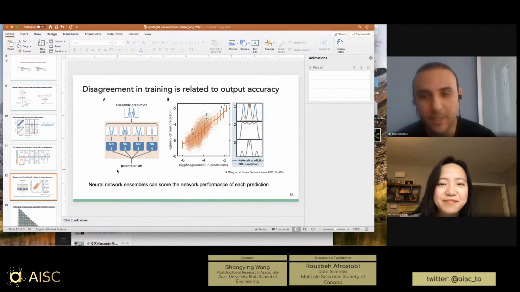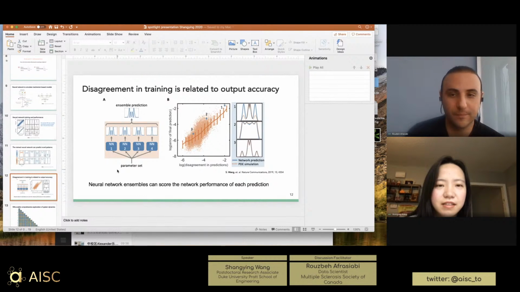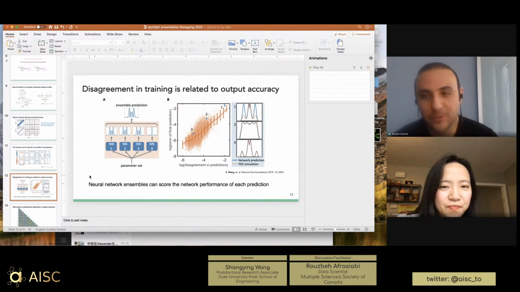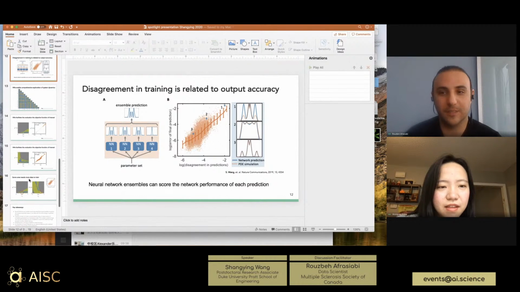Another question they're asking is how would you imagine the process to work? Can you repeat that question? They're asking for future direction.